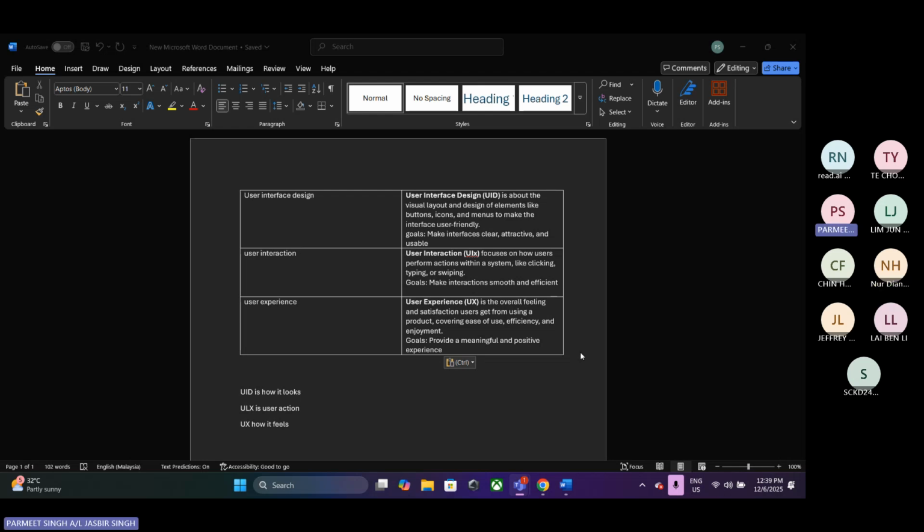So the differences are: UI is how it looks. The interaction is the user actions, like they swipe and touch and select icons. And UX is how it feels, so it's not too hard to understand what the app is trying to provide.